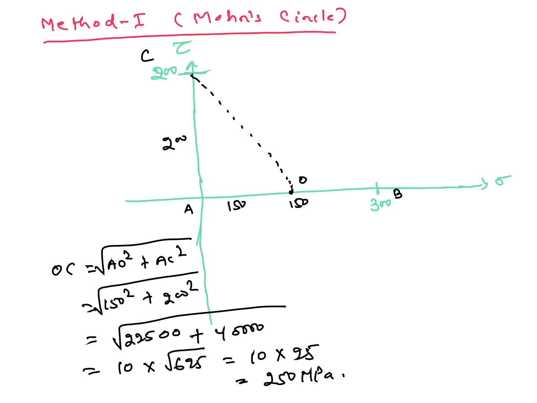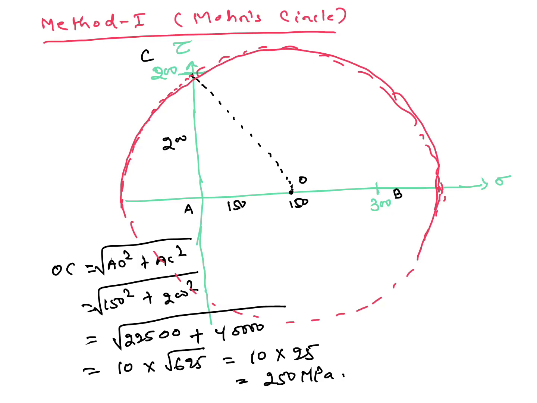Then draw the Mohr's circle and find out sigma 1 and sigma 2. Name the points. Here take D, this point D and E. Sigma 1 is D point, this is 150 plus 250.